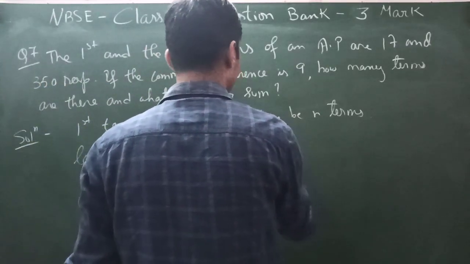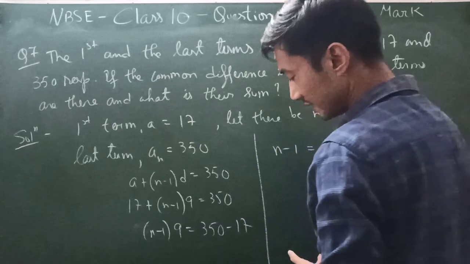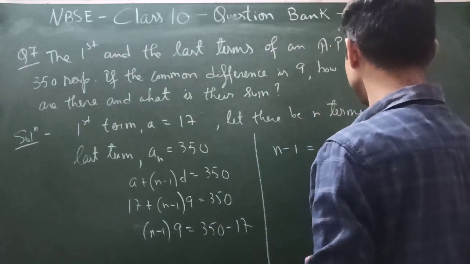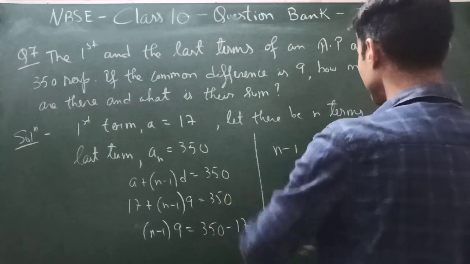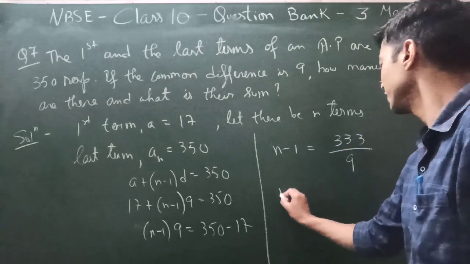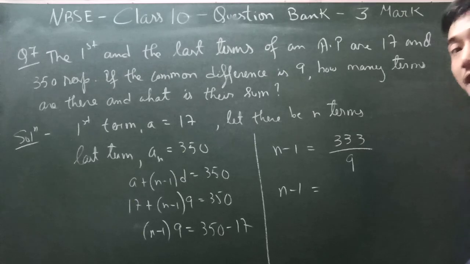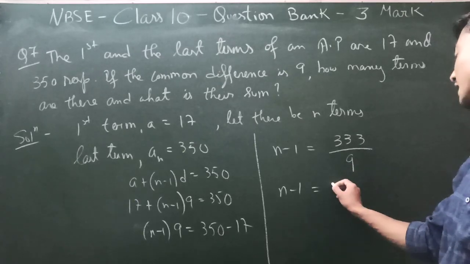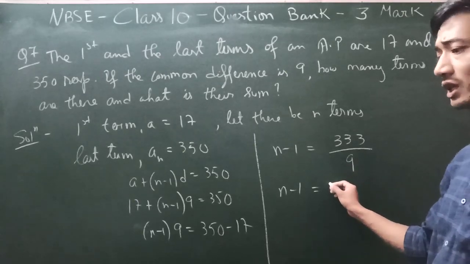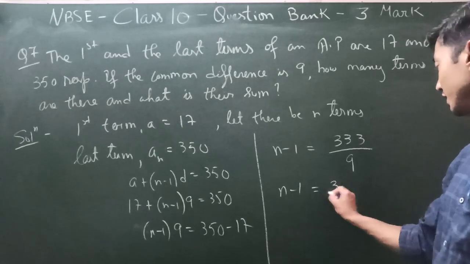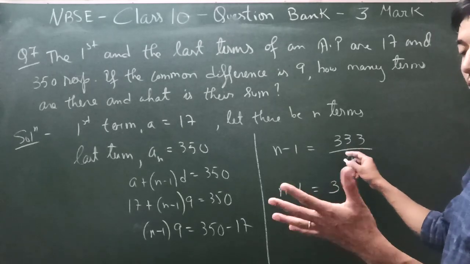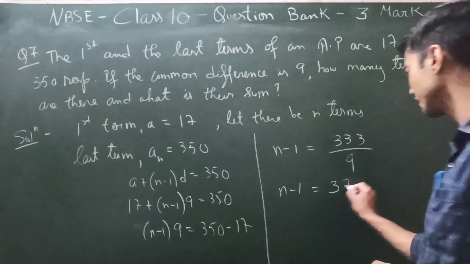So n minus 1 is equal to 350 minus 17, 333, divided by 9, I'm just cross multiplying 9. So n minus 1 is equal to, if you divide 333 by 9, how much? 9 3s are 27, 28, 29, 31, 32, 33, 63, 9 7s are 63.